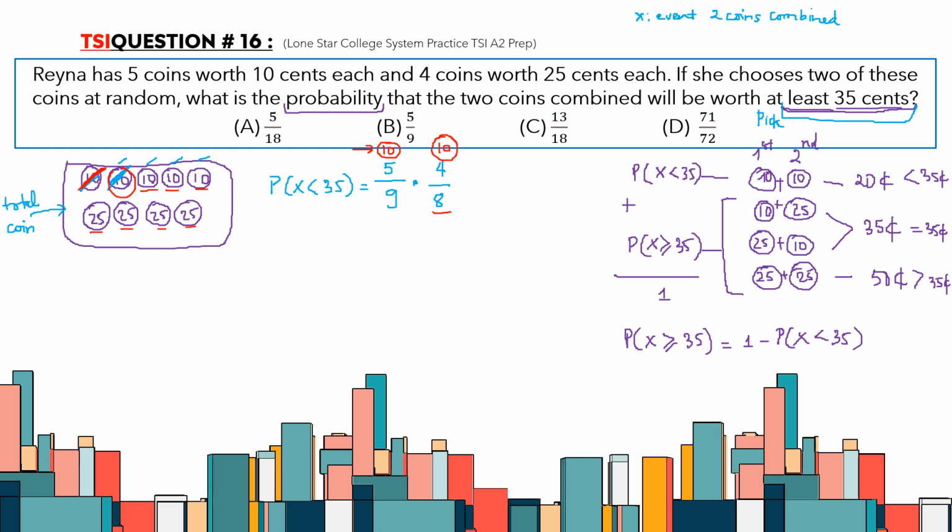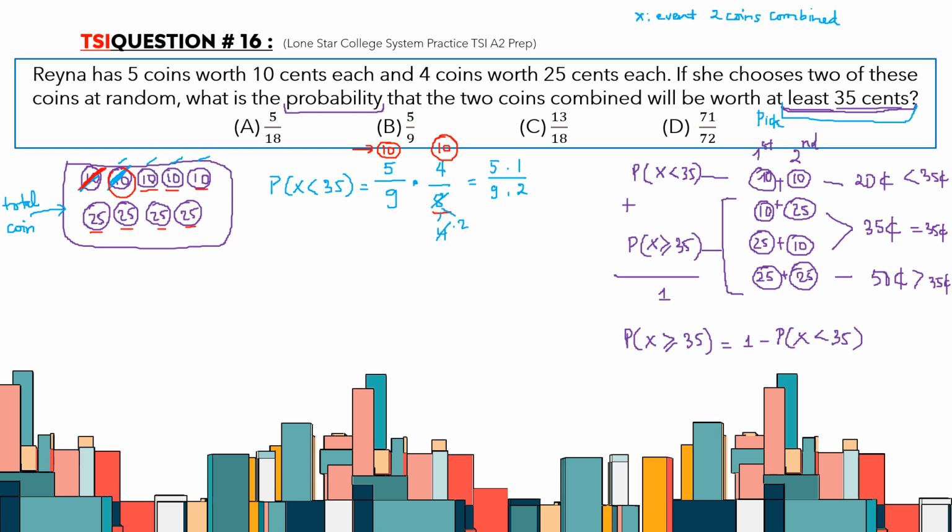And this probability will give us 4 over 8. We can simplify it: 9 times 2, because 8 is 4 times 2.